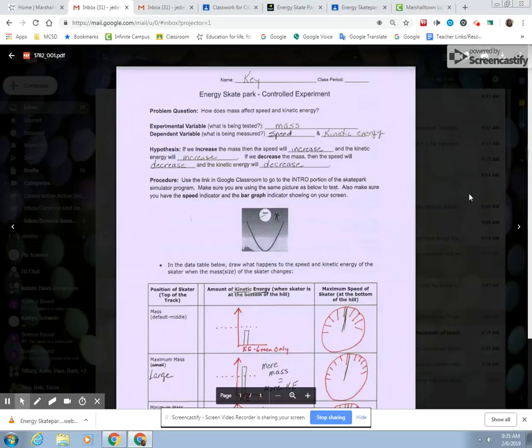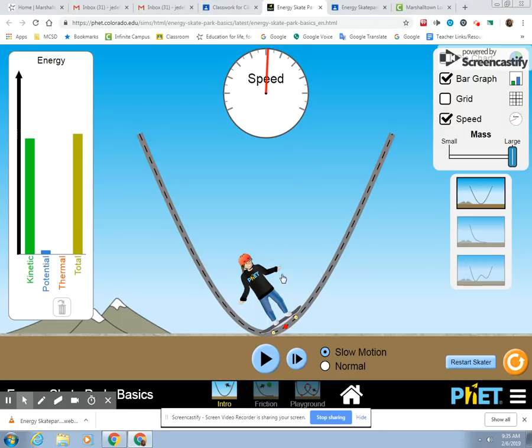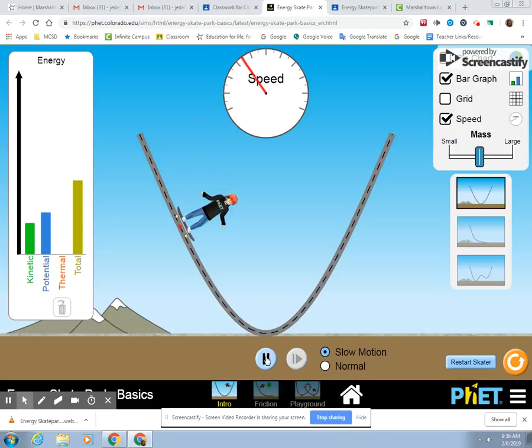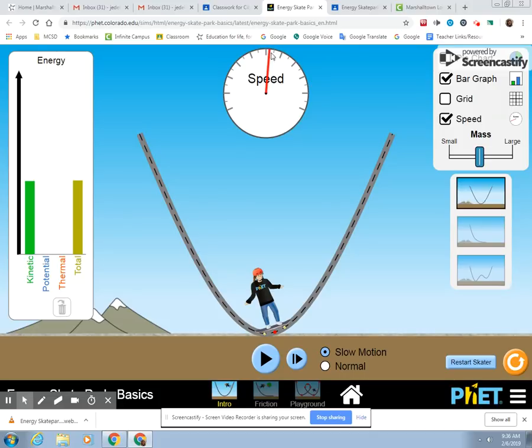So once you went to the testing site and you manipulated the mass and you moved the skateboarder up to the top and you stopped it at the bottom, then you were recording where the speed dial or the speedometer stopped and how far up the kinetic energy went on this arrow.